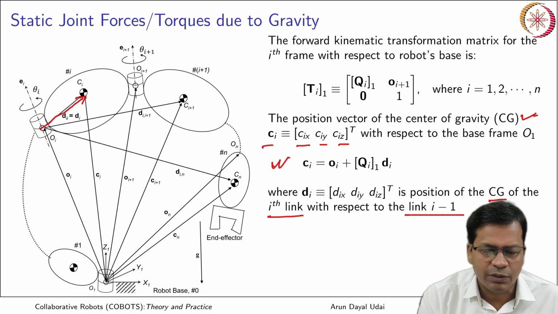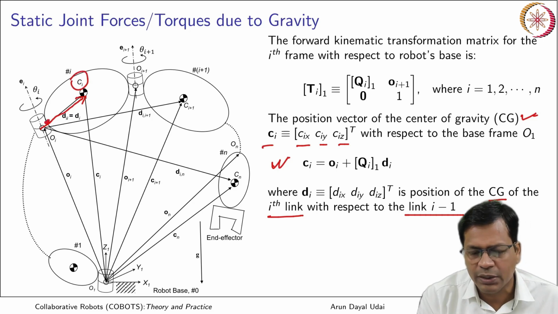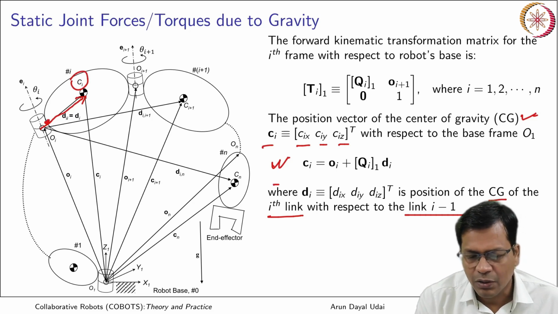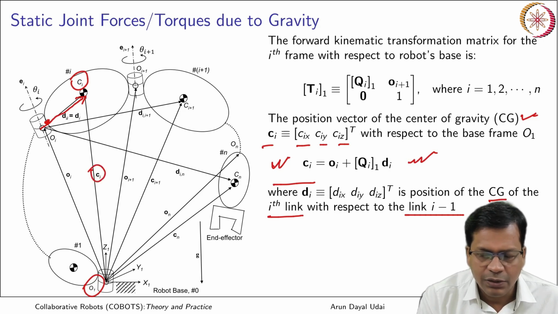This can be extracted from the CAD. So Ci with respect to a point on the body itself can be easily found out. So di is already known. di has to be transformed and expressed with respect to the base frame, because Ci is to be calculated in the base frame. Oi you have already calculated in the base frame using this. From the top you see this equation.